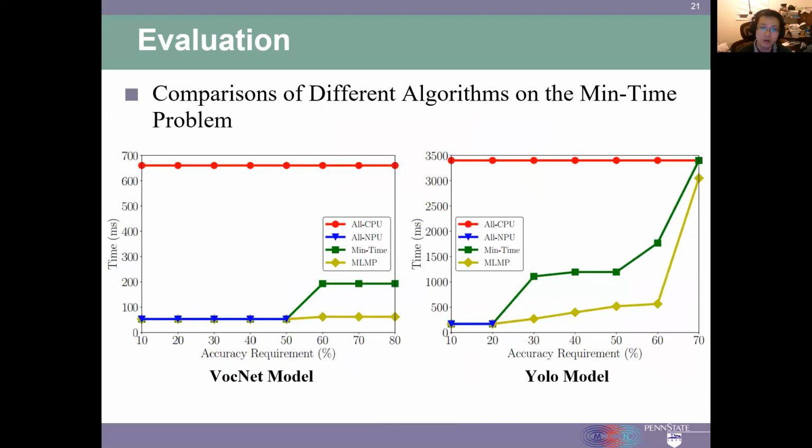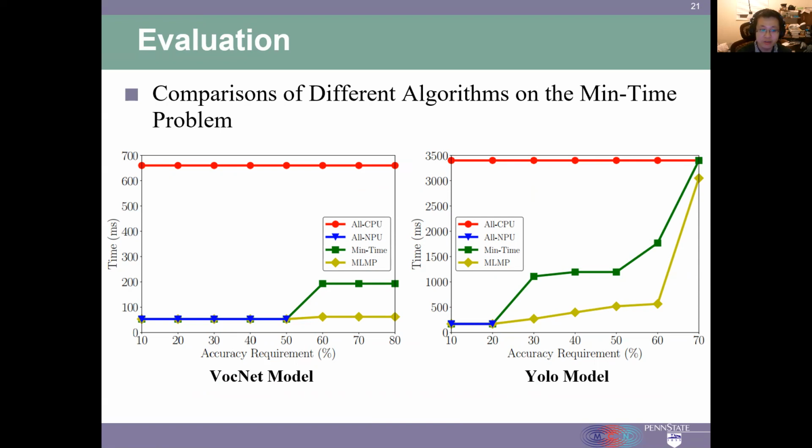And now let's take a look at the performance of different algorithms on the mean time problem. As we can see, the all-CPU method, shown in the red line, can satisfy the accuracy requirements. However, it also has the largest processing time.